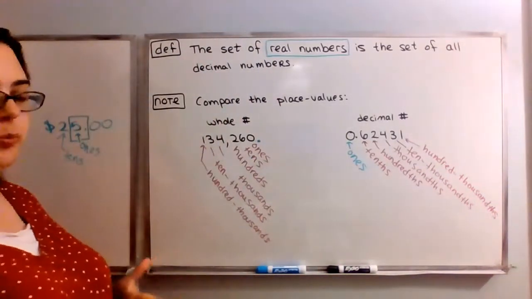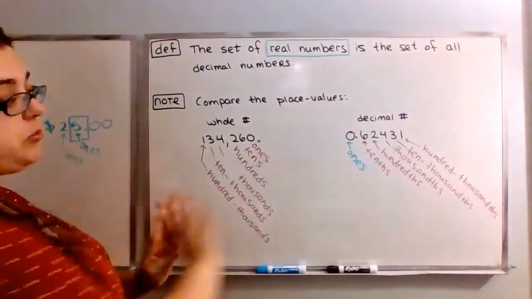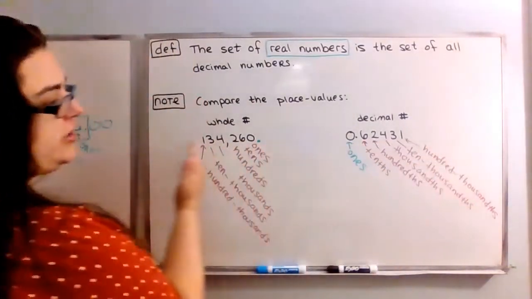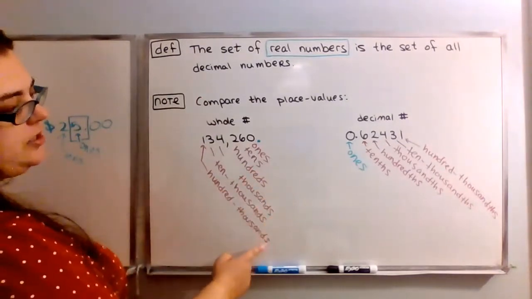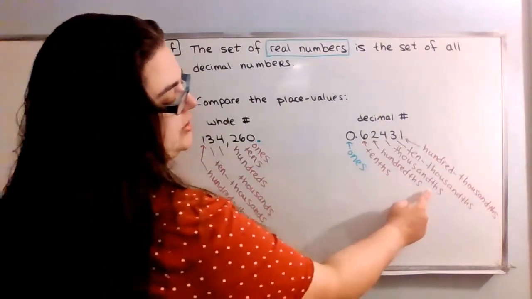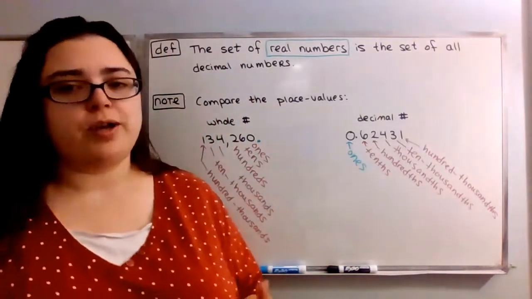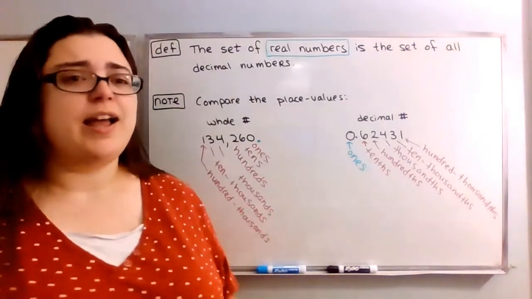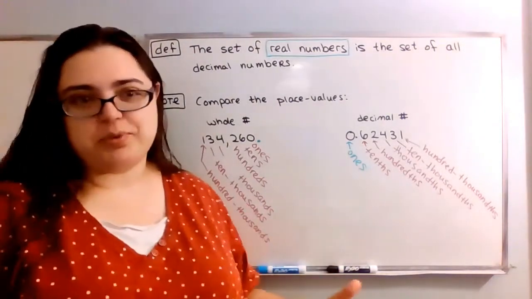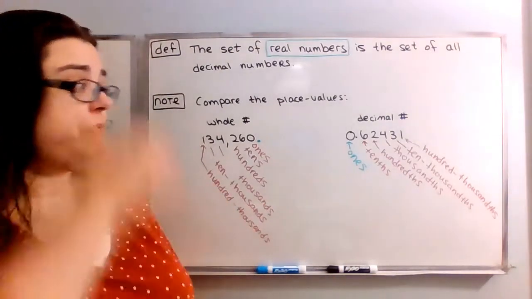So with our decimal place values, they're the same as the whole number place values, except we're going to be moving to the right instead of moving to the left. And instead of ending just in S's, they're going to end in THS's. So that's where you want to be careful. It's easy to say, I'm in the hundredths place, and mean the hundreds place instead of the hundredths. So just be very careful with those THS's.